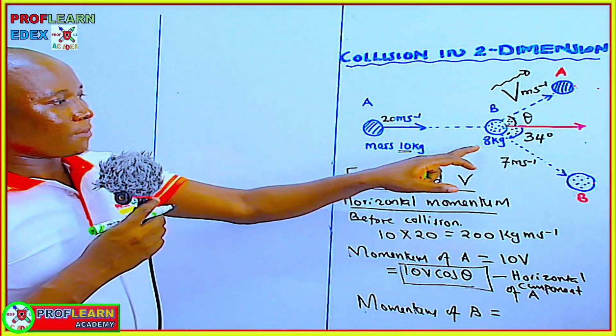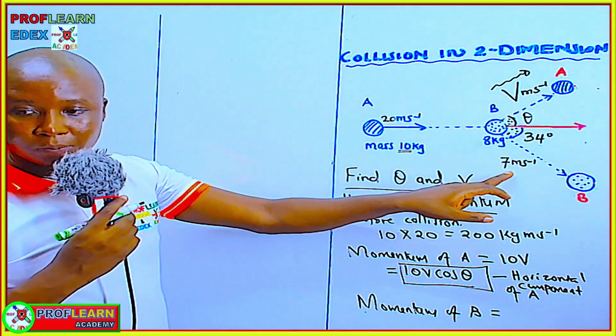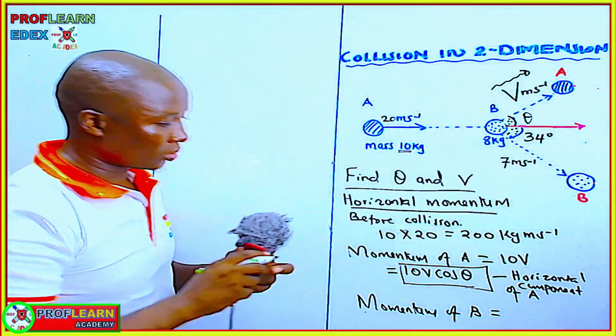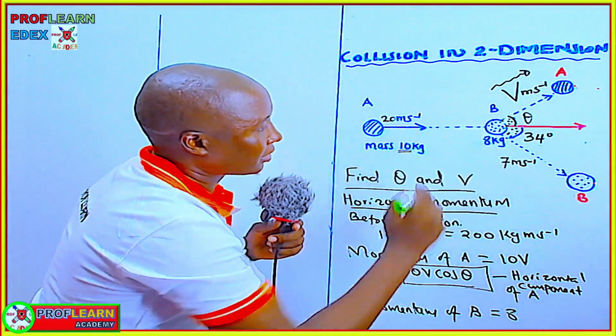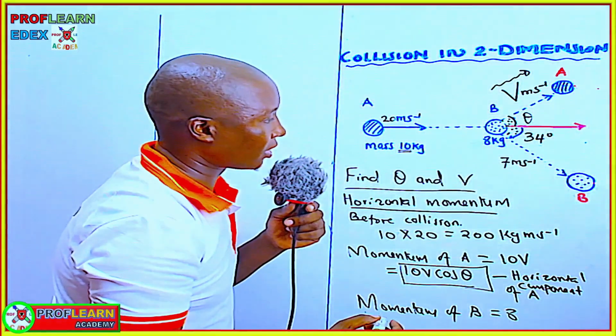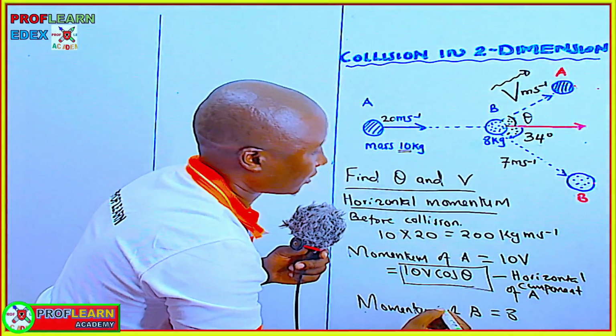Because it moved at a speed of 7 meters per second here, its momentum is going to be 8, because this mass has a total mass of 8 kg and it moved at a speed of 7.